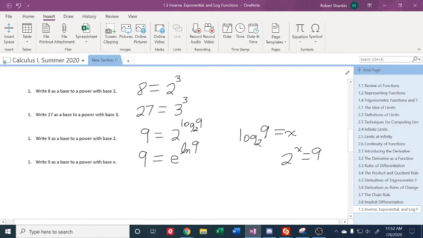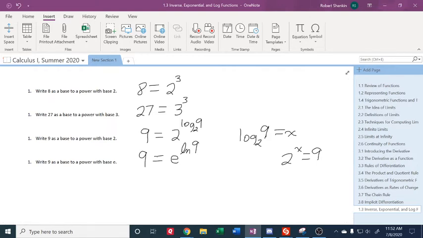And if you have a calculator here, I want you to play around with your calculator for a moment. You can also use a calculator on your computer. Type in ln 9. When I do that, I get 2.197, and so on.